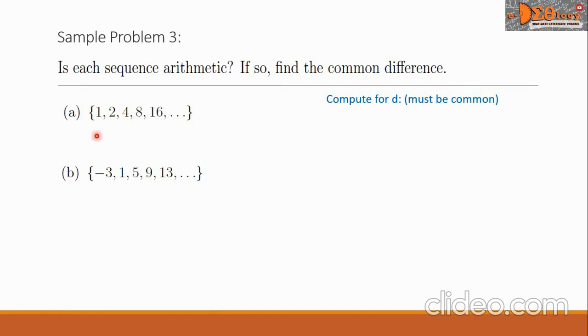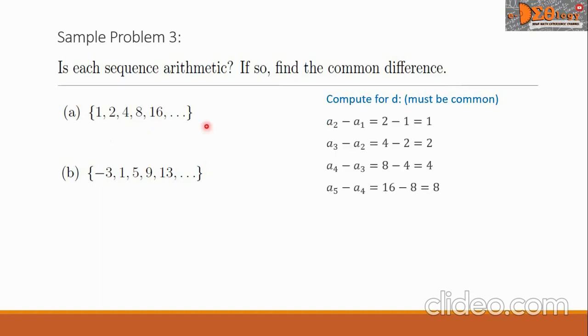In order for us to prove that this is an arithmetic sequence, the difference of 2 consecutive terms must be common. So it means a sub 2 minus a sub 1 is equal to 2 minus 1 equals 1. A sub 3 minus a sub 2 equals 4 minus 2, and that is equal to 2.